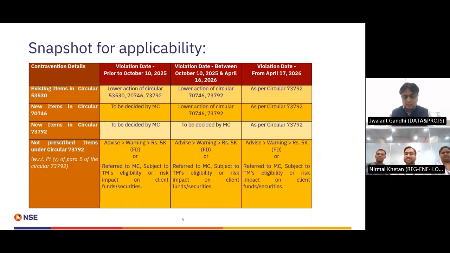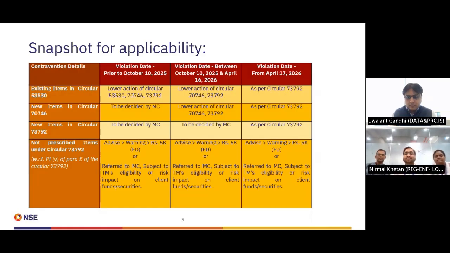And new items which are now being classified as violations, which were issued on 17 April, those will still continue to be placed before MC. And any violations coming after 17 April, I refer to the violation date of the observation, in these cases the new circular of 73792 would be applicable.